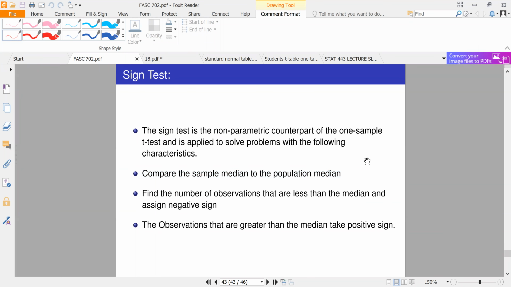Remember, for you to be able to use this sign test, you'll be required to arrange your data in ascending order. That is the only way you can be able to identify the median. The median of a population is that quantity that divides the population into two distinct sets.